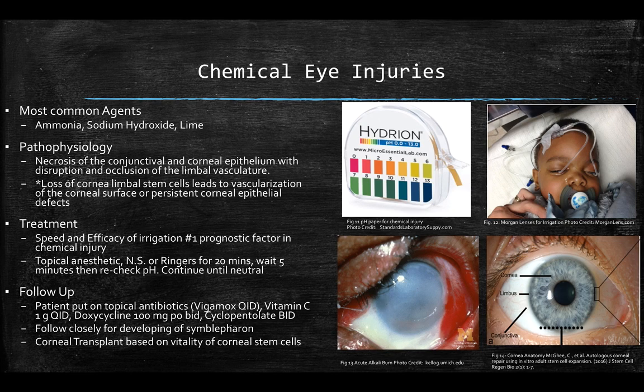Your eye is able to regenerate the necessary amount of epithelial cells to overcome this type of injury. It gets trickier when you have less than 1 clock hour, less than 2 clock hours, whether or not you're going to be able to regenerate the necessary epithelial cells to heal from the defect.